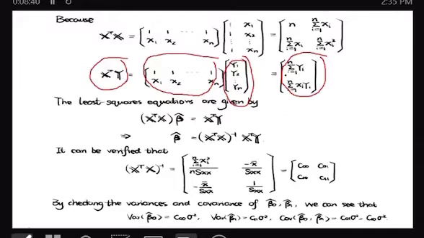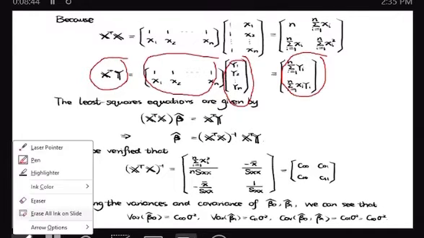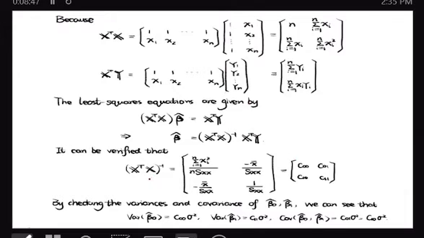Then the way you get that, you just multiply this by this, which is what you're doing here. When you do that, you're going to have a B cap. The B cap is going to be 2 by 1, with two values, one for beta naught and one for beta 1.